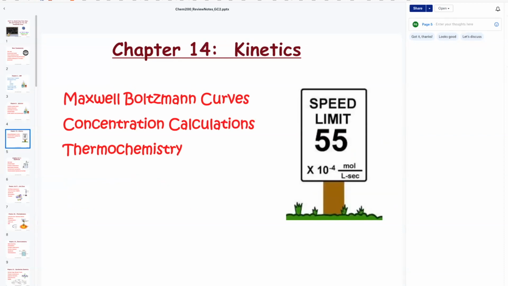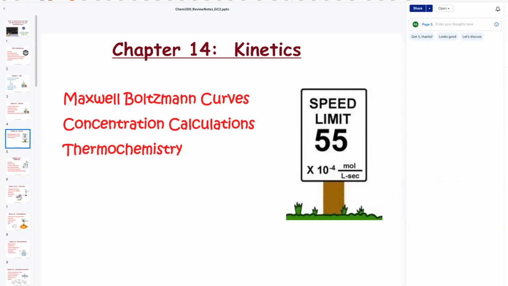When it comes to kinetics, you need to understand the Maxwell-Boltzmann distribution plot that was covered back in the gas laws. Maxwell-Boltzmann distribution plot basically gives you an idea of the energy of an aggregate of chemicals at the same temperature. Just because all the molecules are at the same temperature, that doesn't mean they have the same energy.